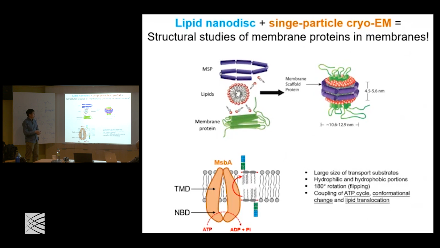You mix all this in detergent, then remove the detergent either by adding biobeads or doing dialysis. Then all these components self-assemble into a nanoparticle. Your target protein is surrounded by a small patch of membrane, which is further surrounded by the membrane scaffold protein. This nanoparticle is amenable to single particle cryo-EM.